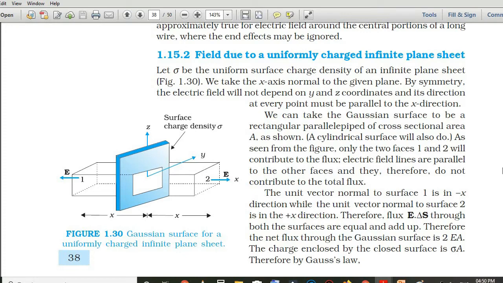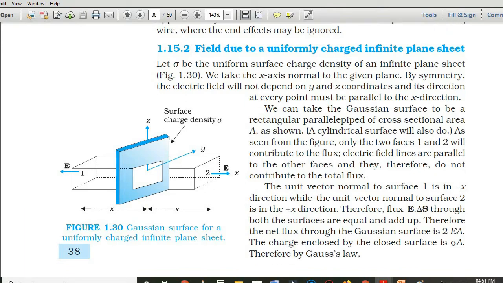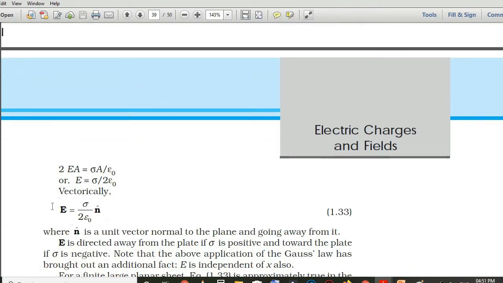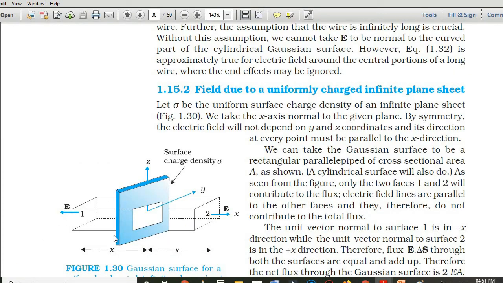There, the electric field at any point 1 or 2 here, how much will that be? It is E equal to sigma by 2 epsilon 0. Sigma is the charge density. This is the sheet, a uniformly charged infinite plane sheet.